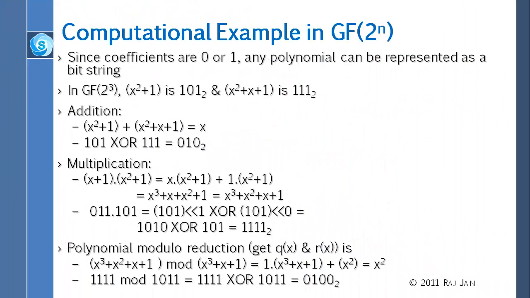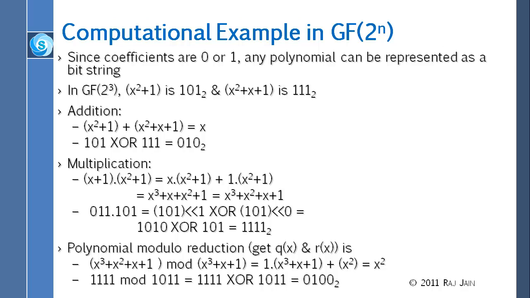Alright, so here are some more examples. I think we probably did all of these anyway. Coefficients are 0 and 1. If you want to multiply, I could give you either the polynomial or the number. I could say, multiply 1, 0, 1 and 1, 1, 1. If I give you numbers, you have the choice of doing it either way. At least in the 2 raised to n Galois field, you can do either way.